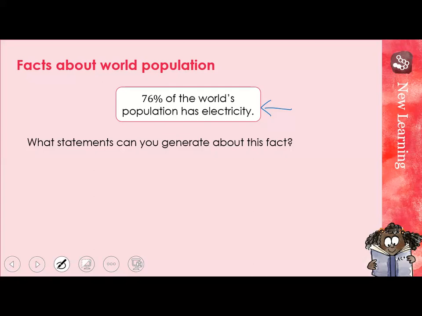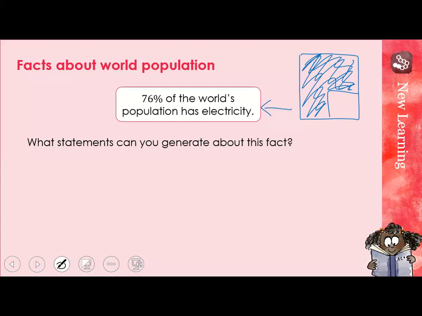So if we were to imagine that the world was 100 people, then we would say that 76% of them, which would be about this much, has electricity. So it's the majority. We know that 76%, well, that's close to 75%, which is 3/4, isn't it? So they're just different ways for us to visualize amounts of a whole set, okay?